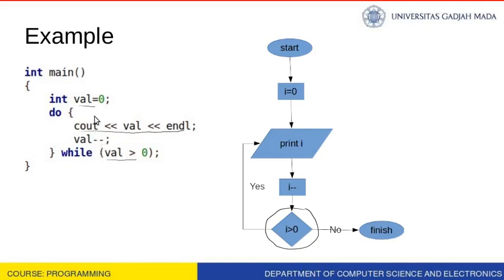So this iteration has only one execution because the condition is false. If we write the flowchart, then the checking condition is after this i minus minus. This is the difference between while and do while.